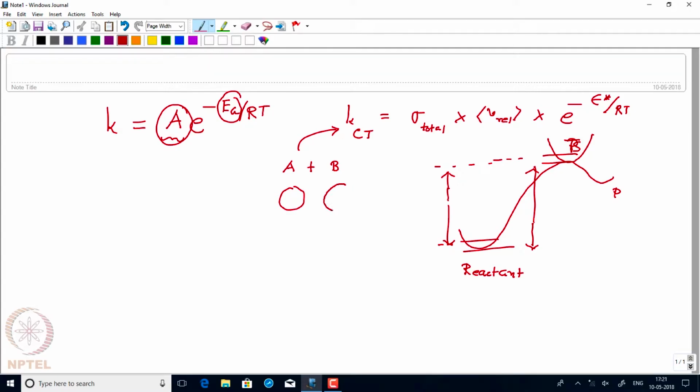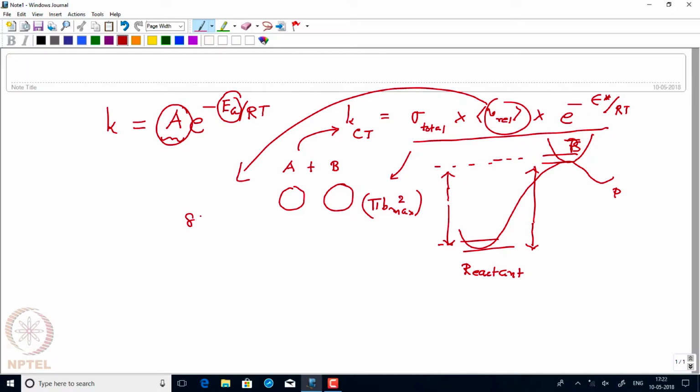Under the hard sphere approximation, remember we got sigma total equal to pi b max square, where b max is the sum of the radii of the two bodies, and the average velocity expression is 8 kBT by pi m, and since it's a relative velocity, we have to replace m by mu, raised to the power half. Now, we should get back this expression if we use the transition state theory and apply the condition of hard spheres. Now, let us proceed.